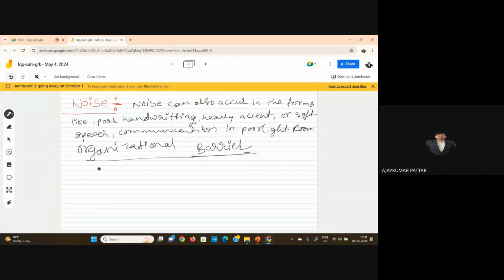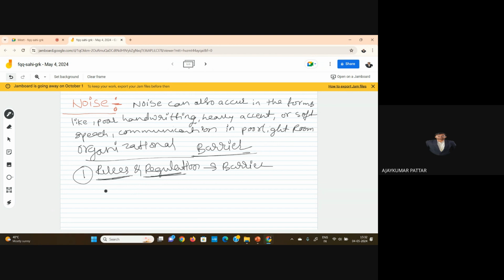For example, organization rules and regulations. Certain rules and regulations are acting as a barrier in the organization. For example, you don't talk to each other, or you can't go directly to the higher authority. These types of rules and regulations are acting as a barrier in the organization.